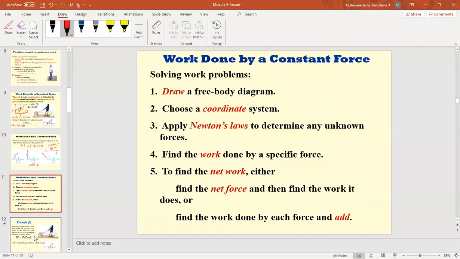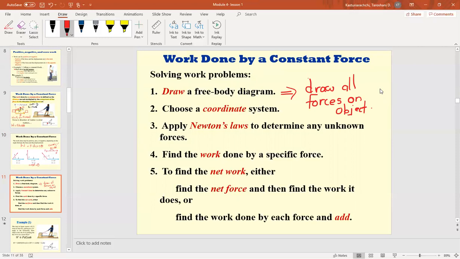This slide shows how to do this kind of problem. First, draw a free body diagram, which means you draw all forces acting on your object, whatever the object is.